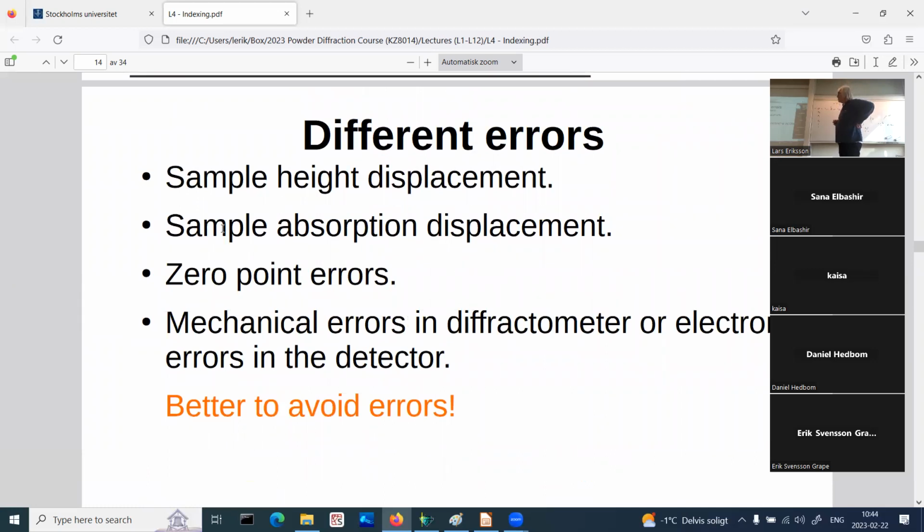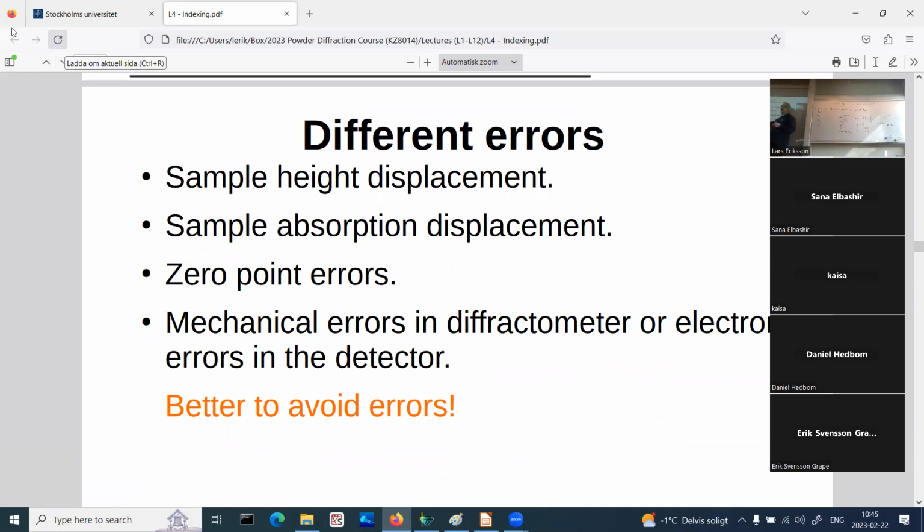Different errors could occur. For example, an erroneous sample height, or if you have some heavy absorption in the sample, then even with transmission measurements you could have a displacement of peaks depending on absorption.